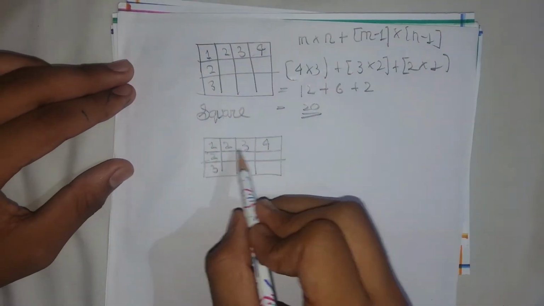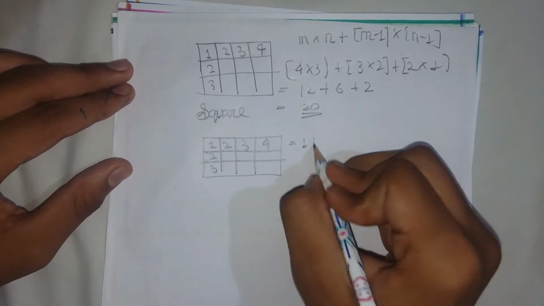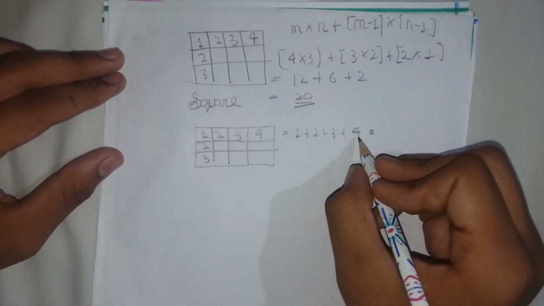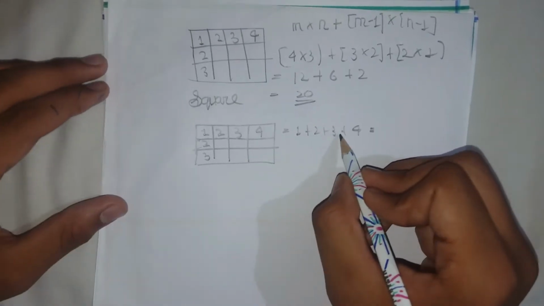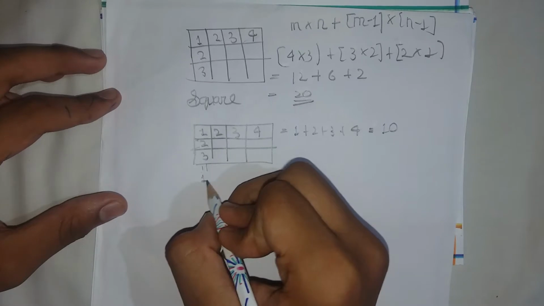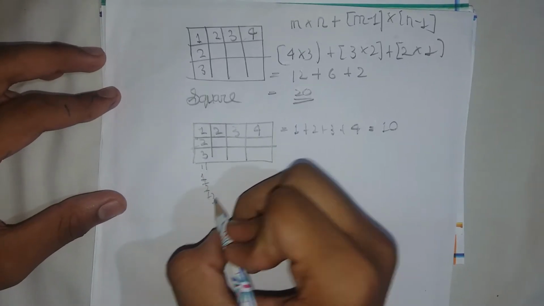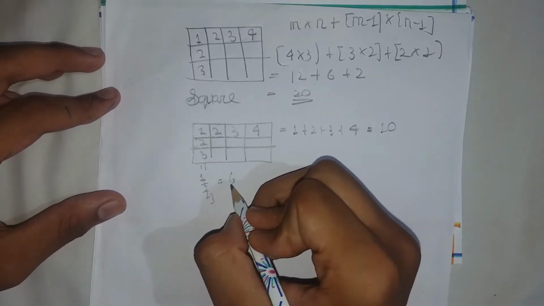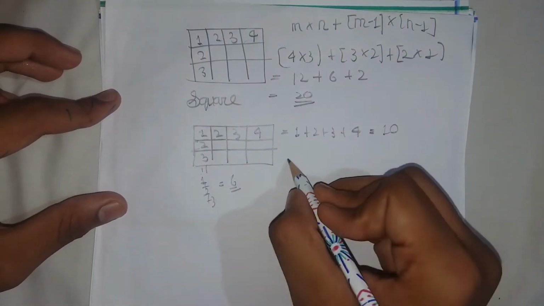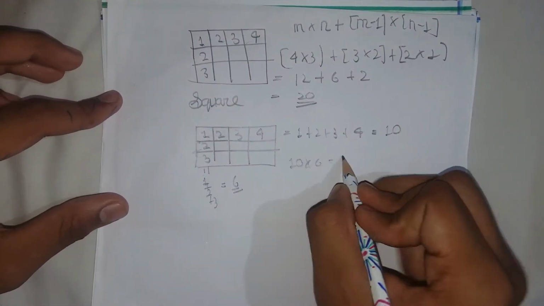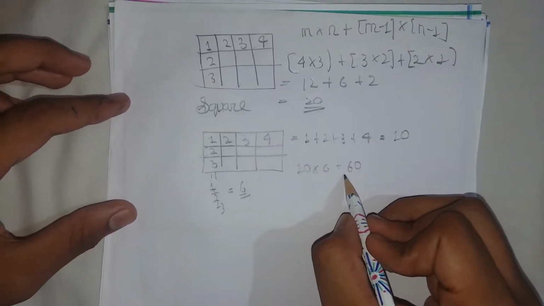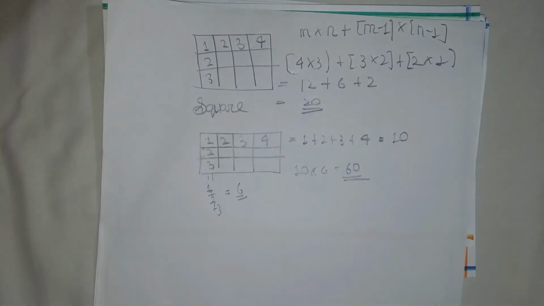So add these numbers: 1 plus 2 plus 3 plus 4, which is 10, and 1 plus 2 plus 3, which is 6. Then multiply both numbers: 10 into 6, that is 60. So here the number of rectangles is 60.